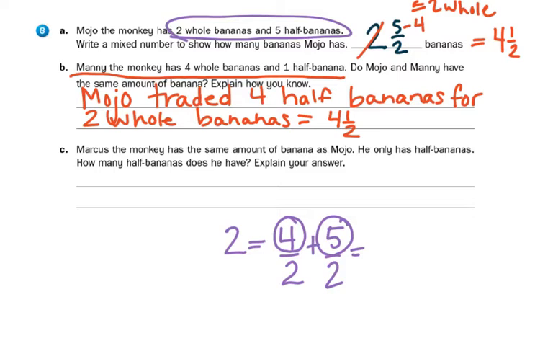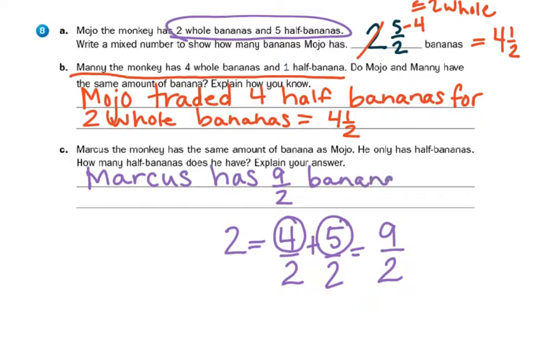They're not in ninths. They're not in fourths. They're still halves. He would have 9 half bananas. So Marcus has 9 half bananas. And we know, watch, how many 2's go into 9? 4 of them with a half left. So that would equal 4 and a half.